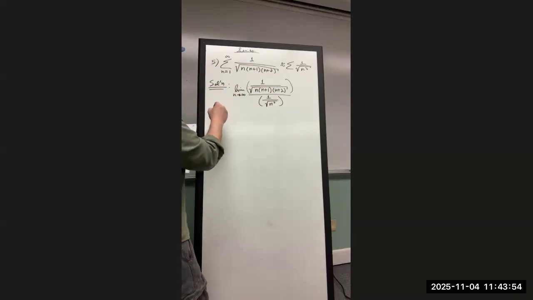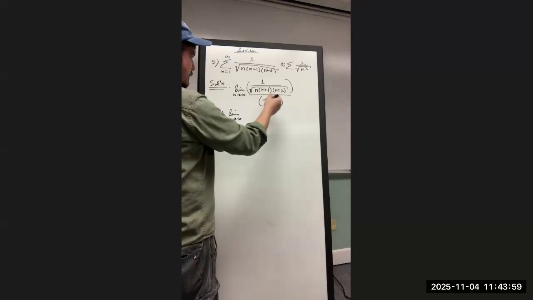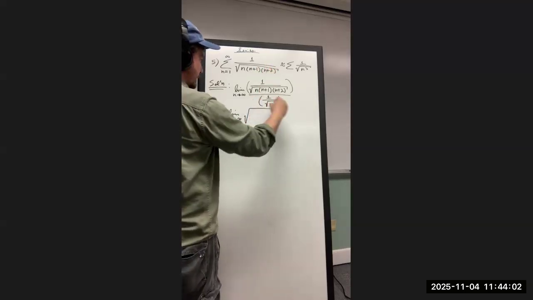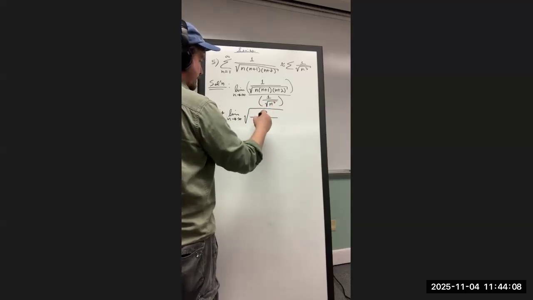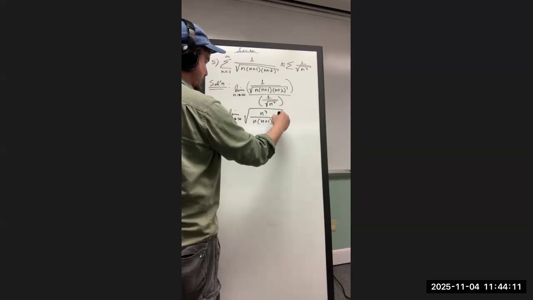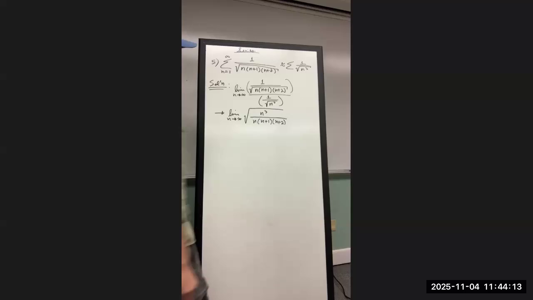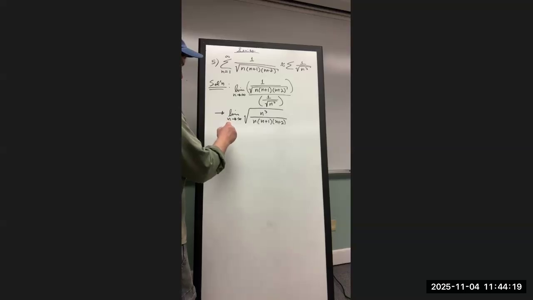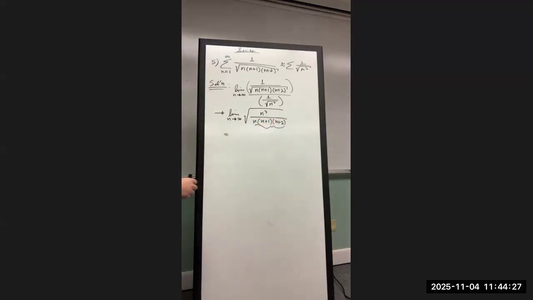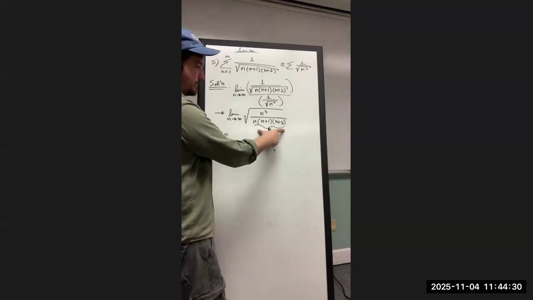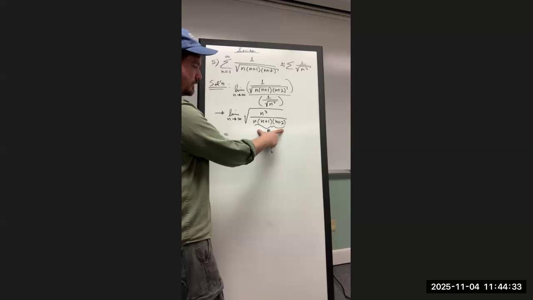So let's see what happens. When I flip this over, I can just rewrite it all as n cubed over n times n+1 times n+2, with one big square root there. On the interior, if I expand out the denominator, I get a cubic polynomial.